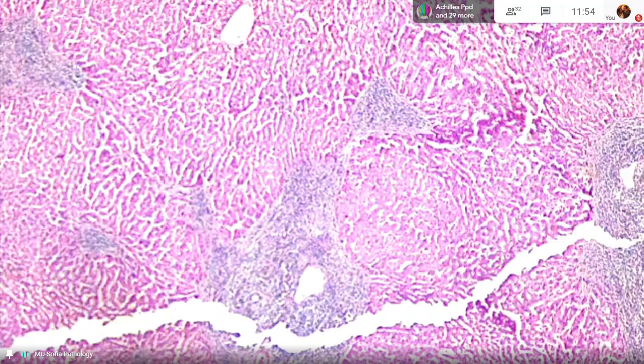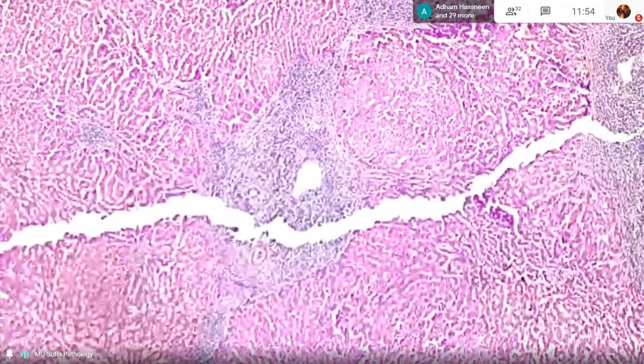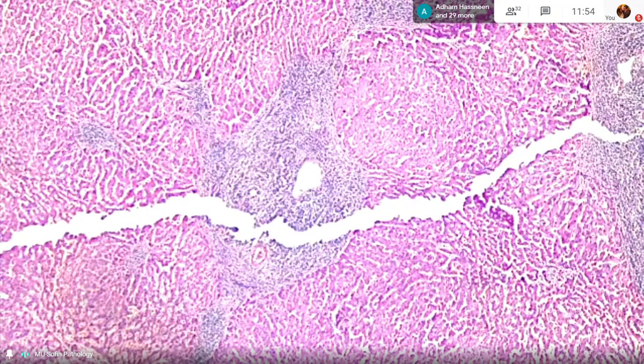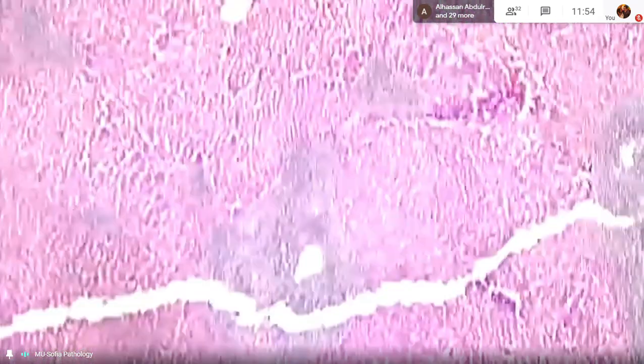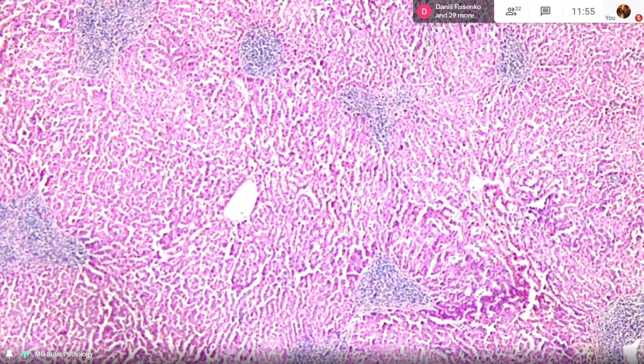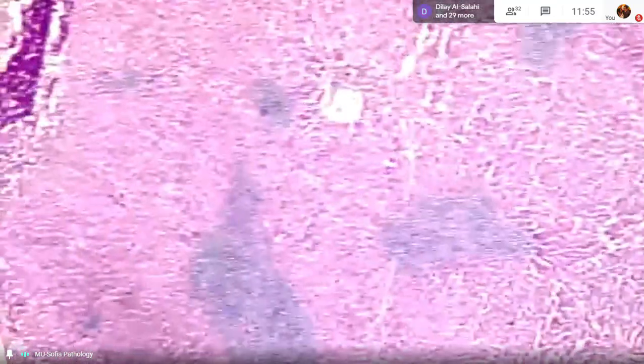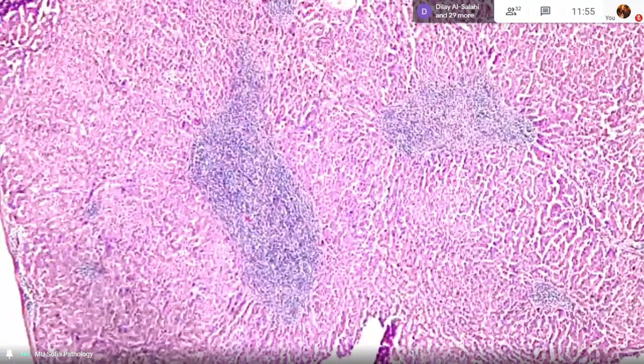What is typical for chronic lymphocytic leukemia is that the leukemic infiltrates are predominantly concentrated in the portal tract. Do you see this? Around the central vein, in the liver tissue, in the sinusoids, you'll find almost no infiltrates from the leukemia.